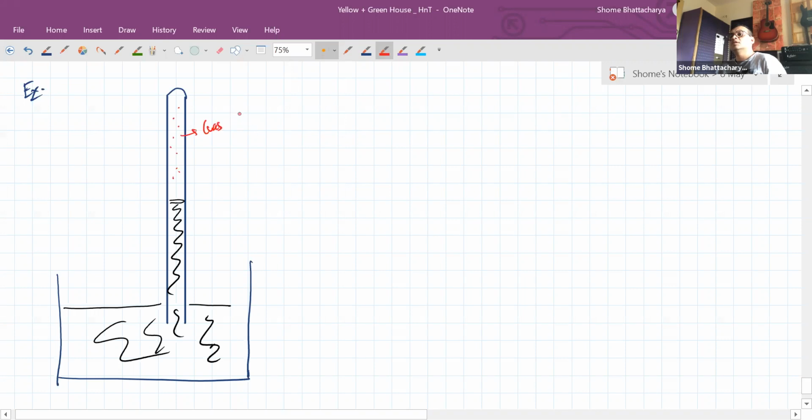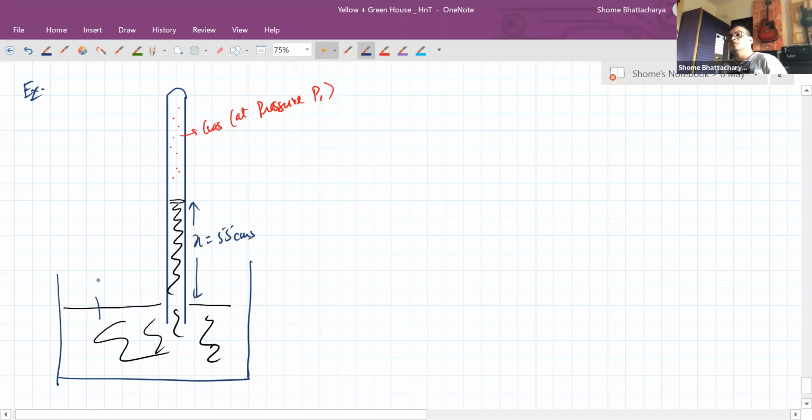There is gas at pressure P1, let's say. Now this level has, let us say, become 55 centimeters.